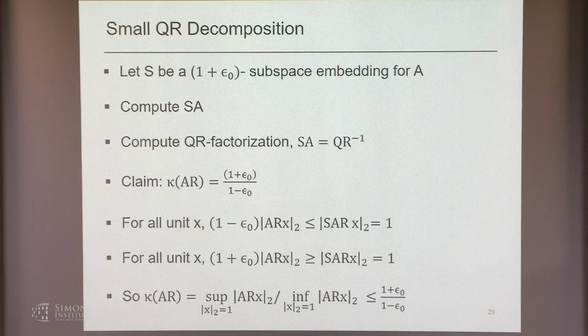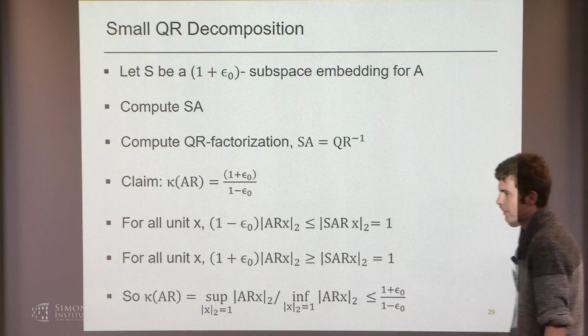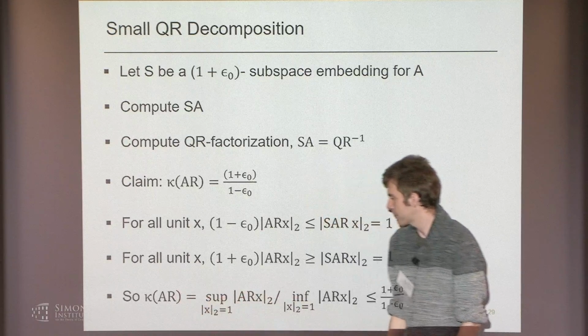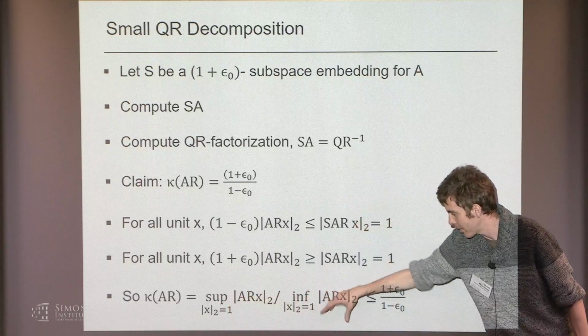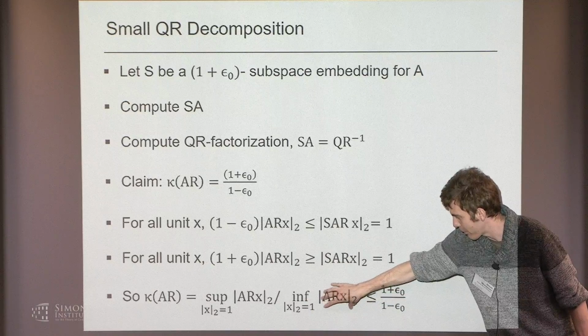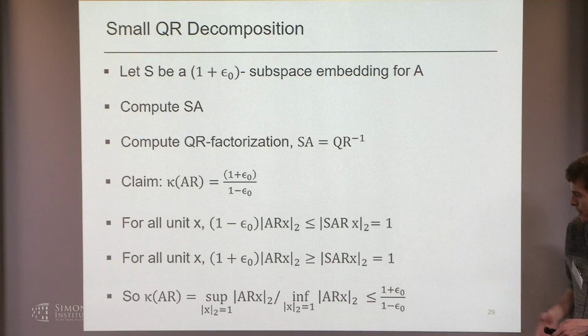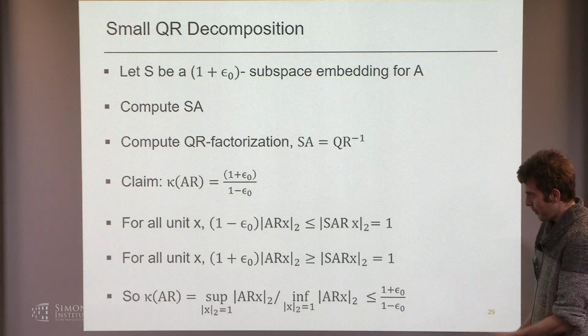But now I just take the ratio. The condition number of AR is the ratio of the sup over the infimum of the norms over all unit vectors x. And what do we get?